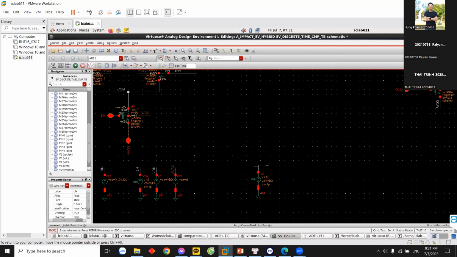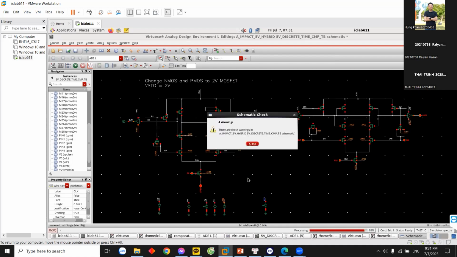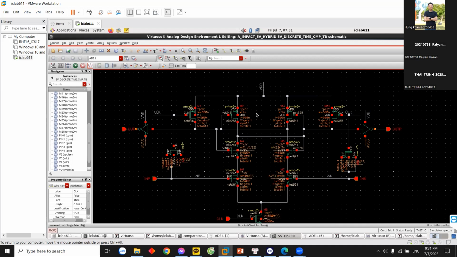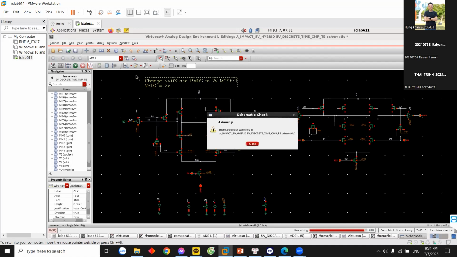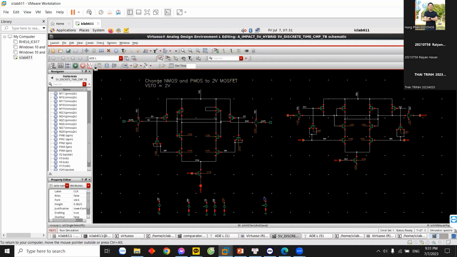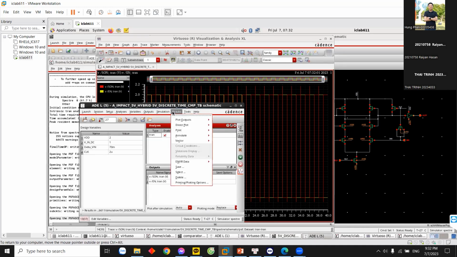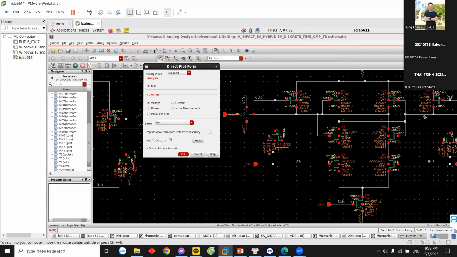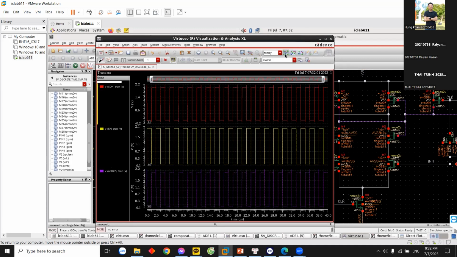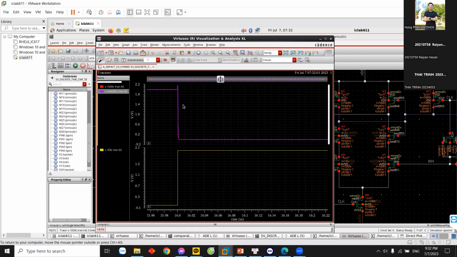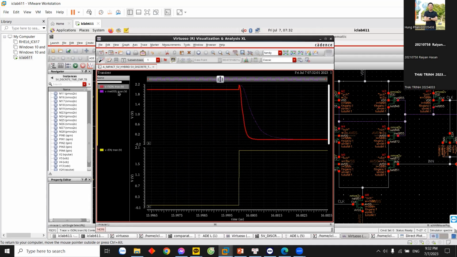Can you make a couple of clocks? Okay. Oh, it's different.